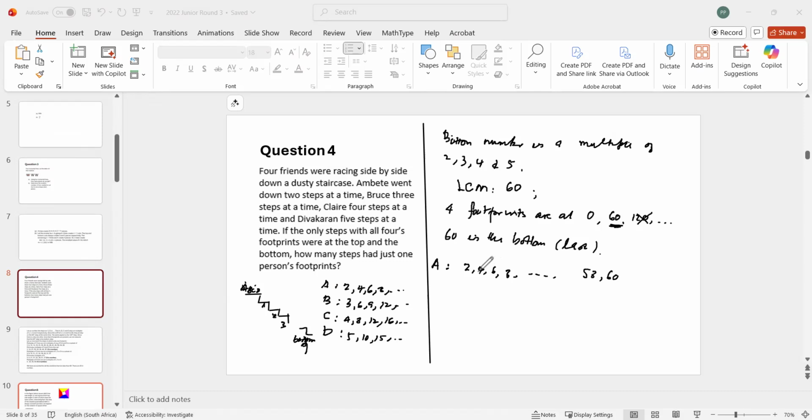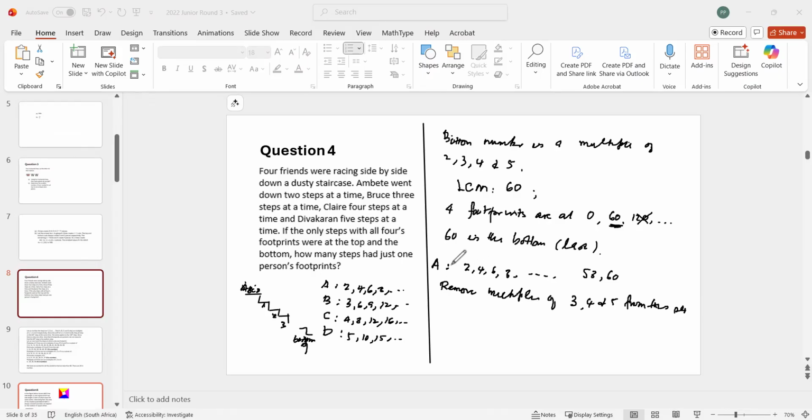Now we have to eliminate, you'll have to remove multiples of 3, 4, and 5 from this set, because you don't want the other fellows to land on that step.